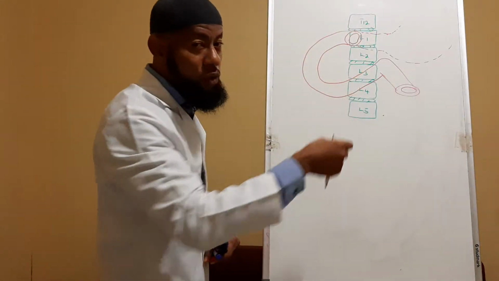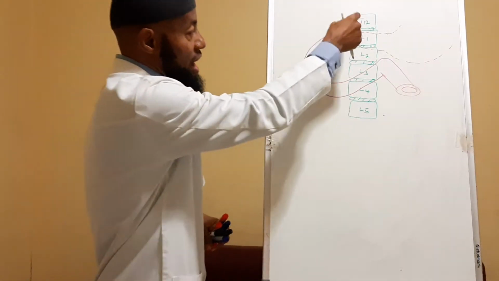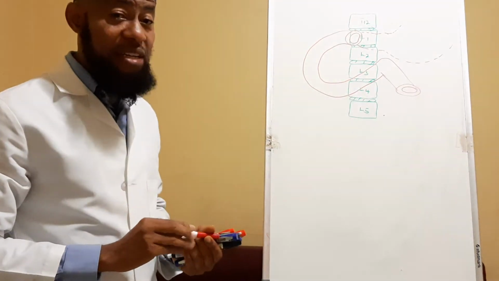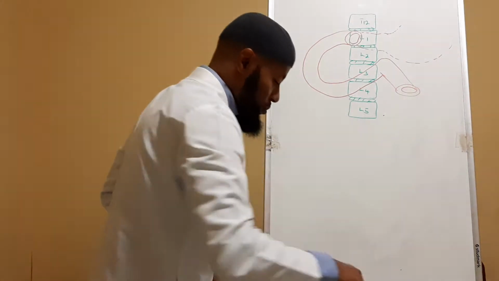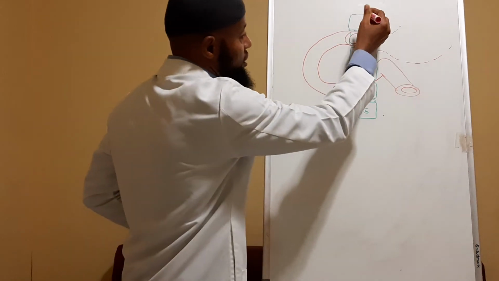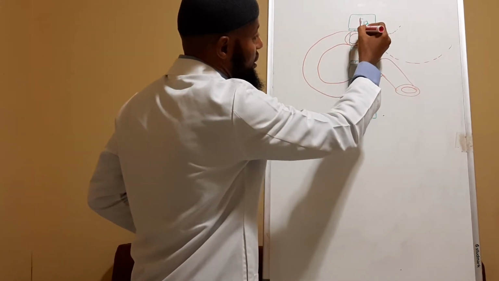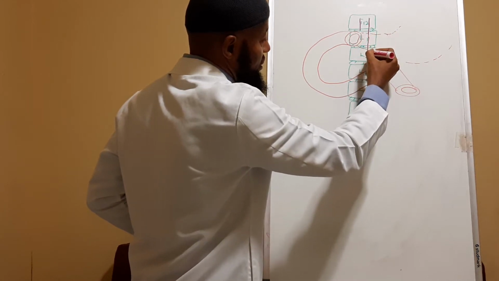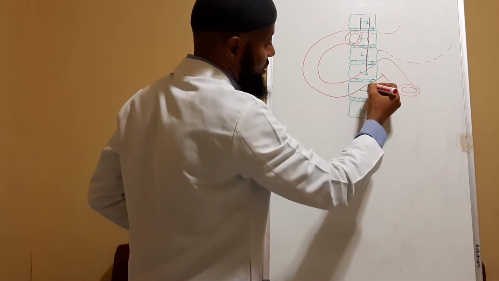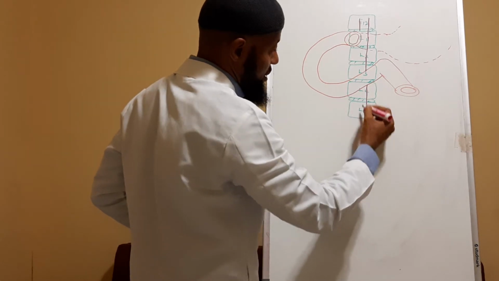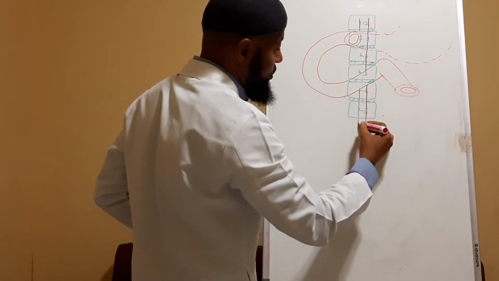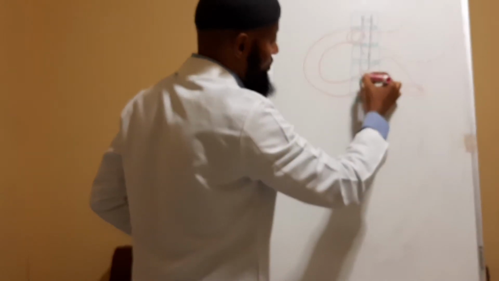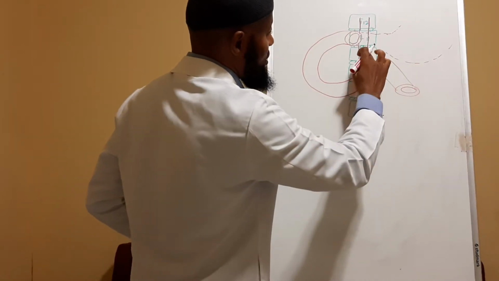So we're going to include right there our aorta as it descends downward, because it's going to be an important landmark. So this is your arch of aorta, descending all the way down.